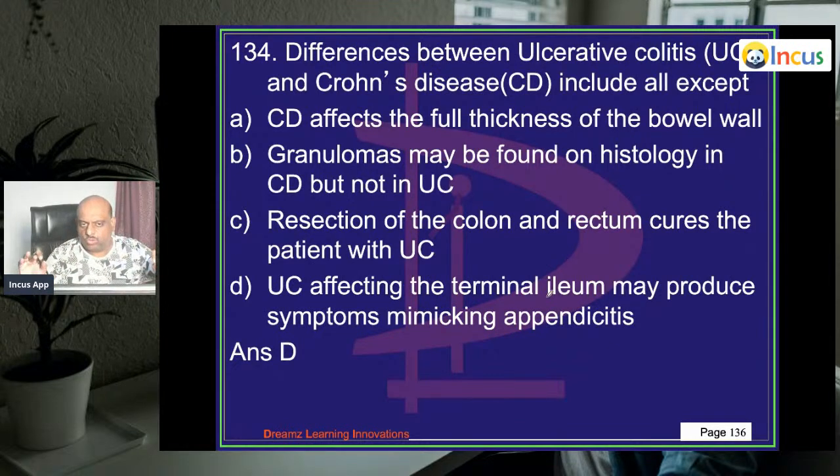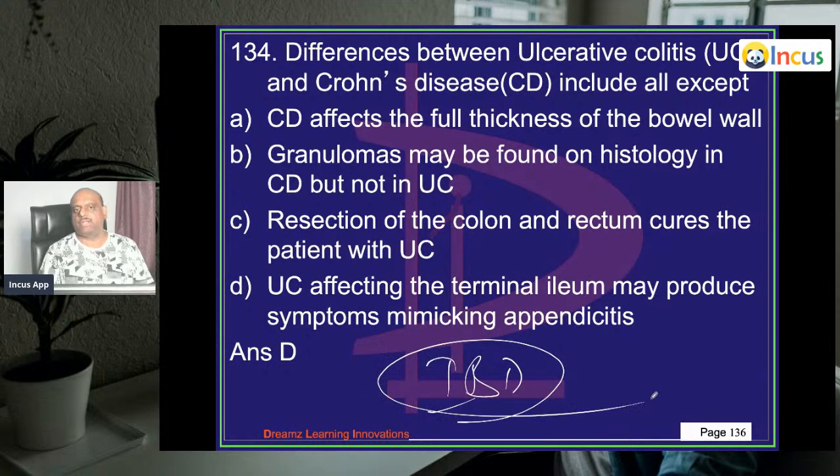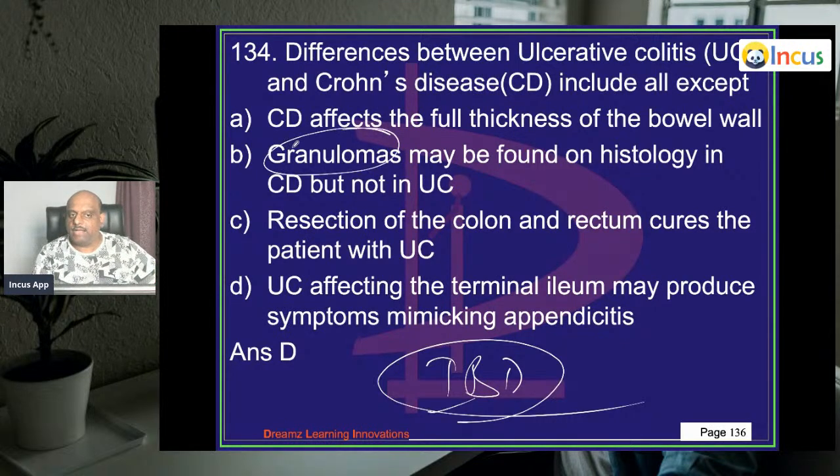Every entrance you go, there is no question paper without a question on inflammatory bowel disease, doctor. Crohn's is transmural, full thickness of the bowel wall. Granulomas, Crohn's. And colon and rectum. Proctocolectomy cures the patients with ulcerative colitis.